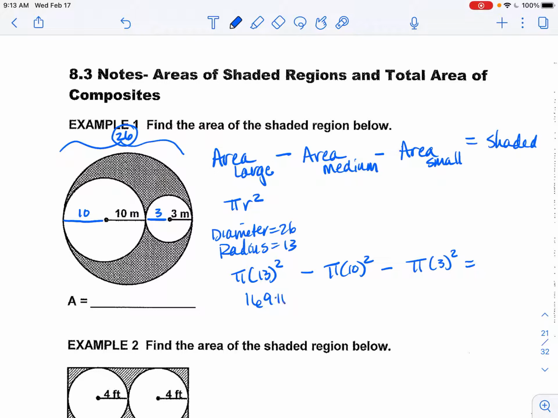This is 169 pi minus 100 pi minus 9 pi. So 169 minus 100 is 69 pi, minus 9 is 60 pi. My exact answer is 60 pi meters squared, because we're talking about area. If we wanted a decimal approximation, that would be about 188.5.